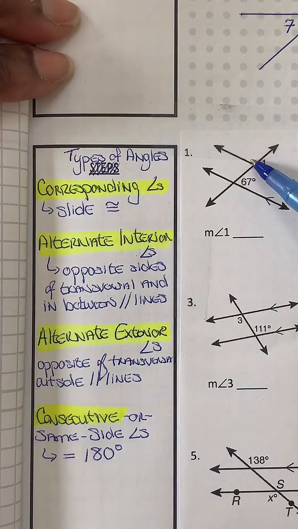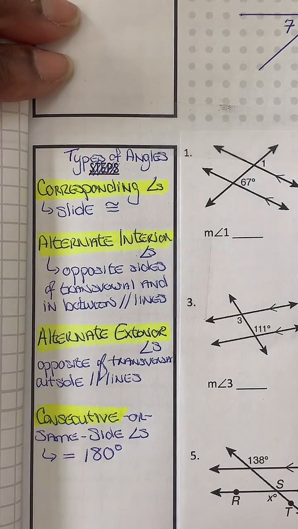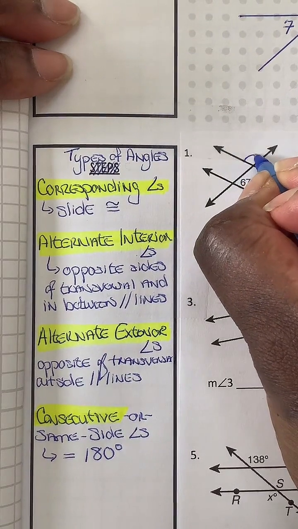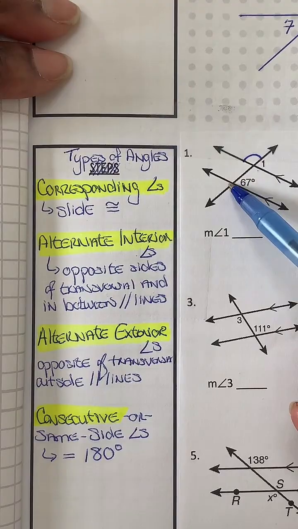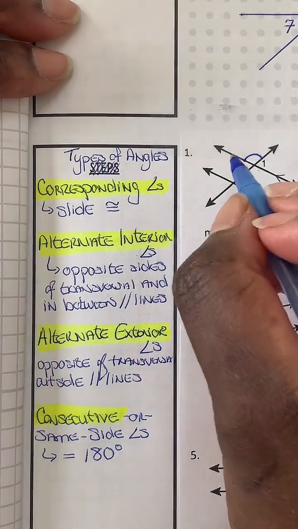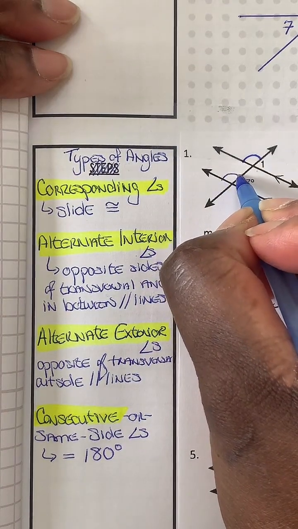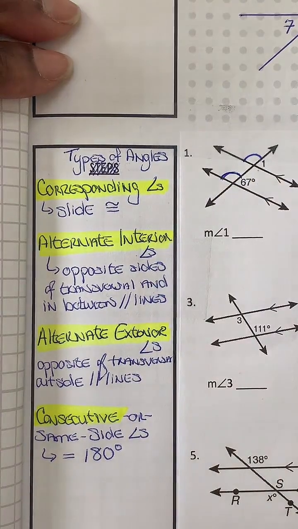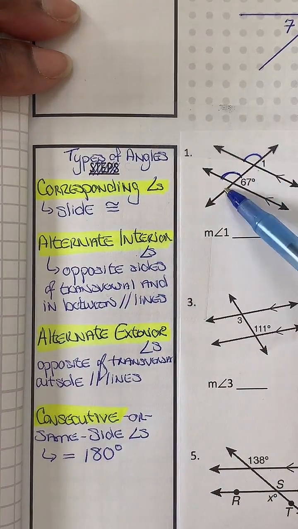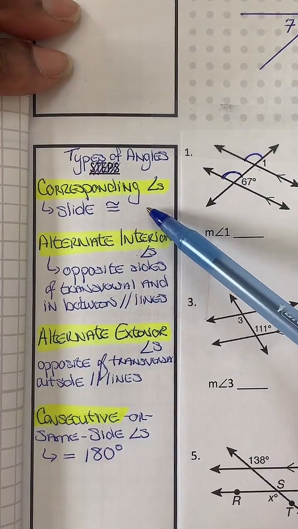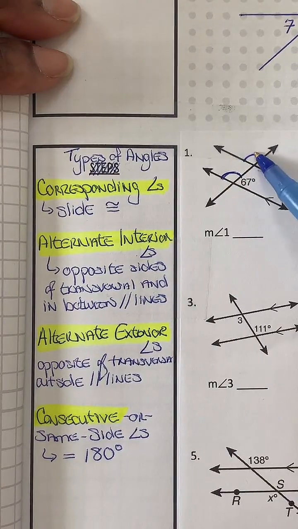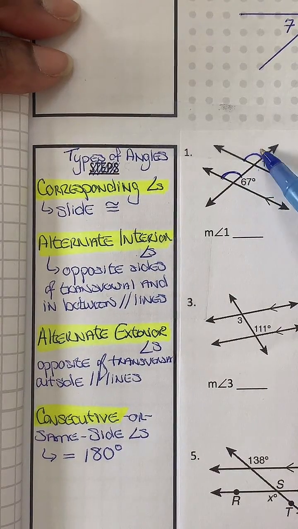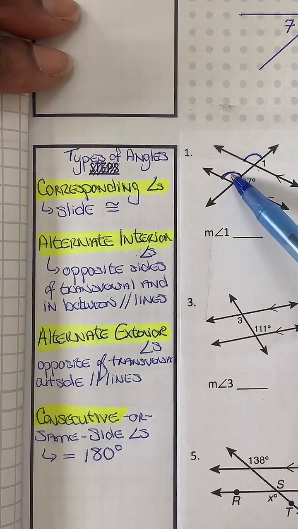Same thing is happening for this angle over here. If I copy this angle and slide down my transversal, it should match the measure of this angle right here, okay? So these 2 angles are called corresponding angles, and they are congruent. So if this is 103 degrees, which I know it's not, but I'm just saying, if this is 103 degrees, that means this one is also 103 degrees.